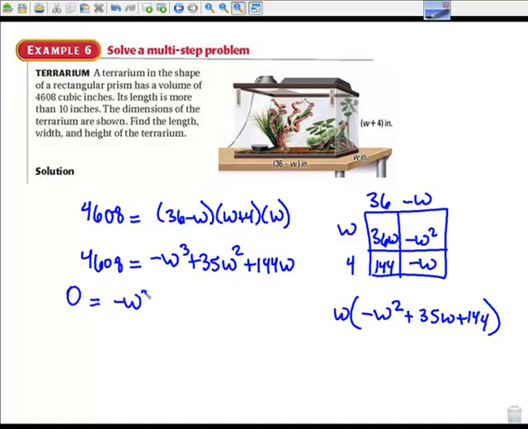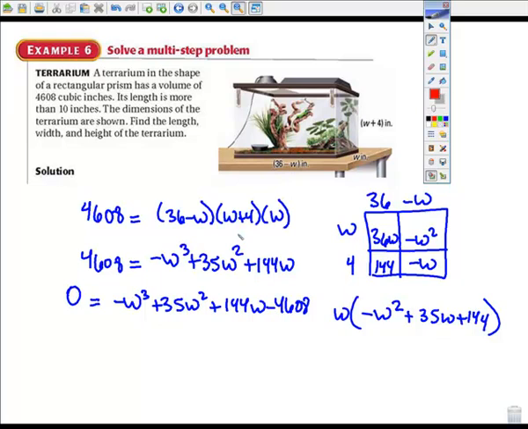So I have a negative W cubed plus 35W squared plus 144W minus 4608. This one has 4 terms. Whenever you have 4 terms, you need to immediately think grouping. So I will group these two and I will group these two.